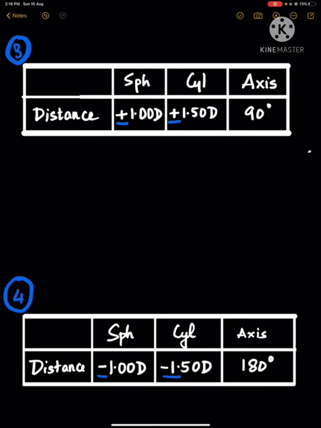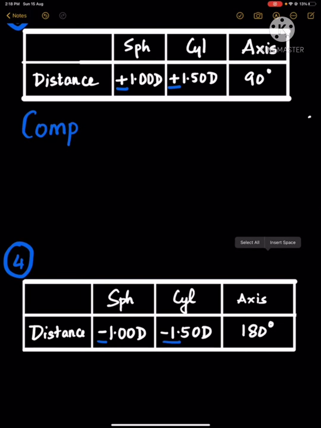So it is compound. Before this I need to tell you guys a little bit something else. When they are having the same sign, that means the refractive error is in such a way that both are either in front or behind. In case of this plus thing, both are behind the retina. In case of this minus thing, both are in front of the retina.